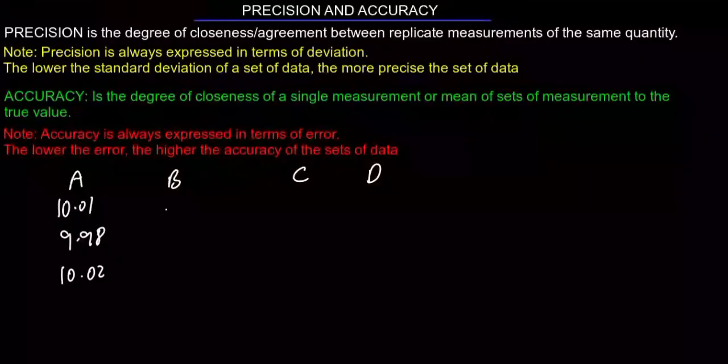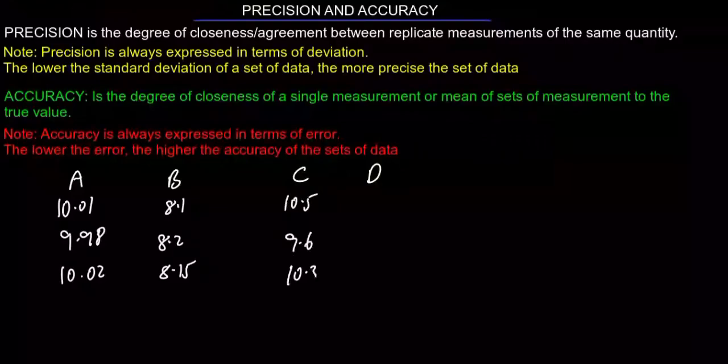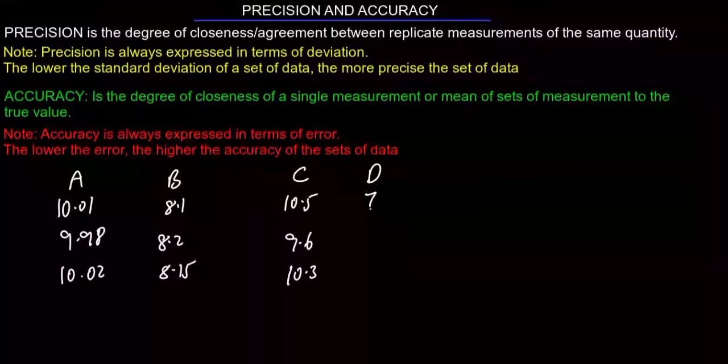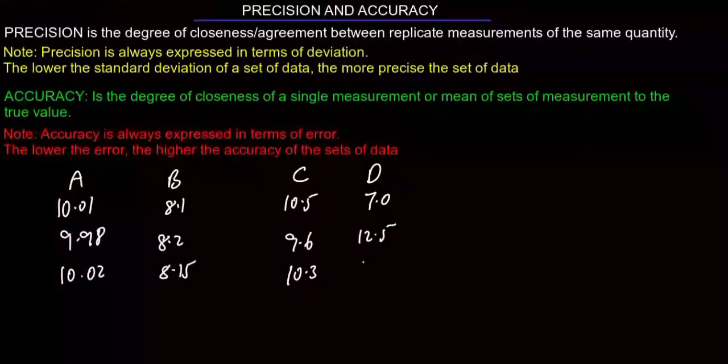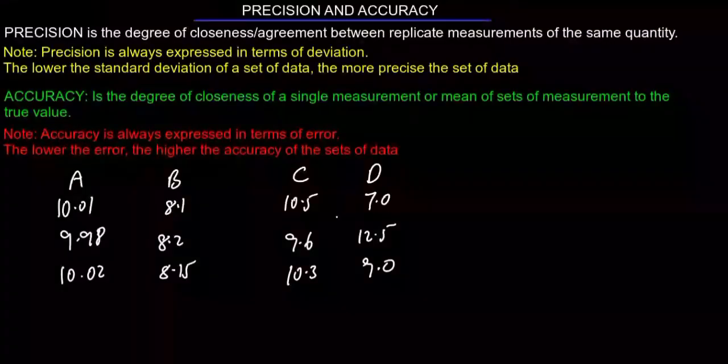Student B took the measurement and got 8.1, 8.2, and 8.15. Student C has 10.5, 9.6, and 10.3. And the last one, student D, has 7.0, 12.5, and 9.0. Now I give you these values. Roughly, look at them and comment on the precision and accuracy.